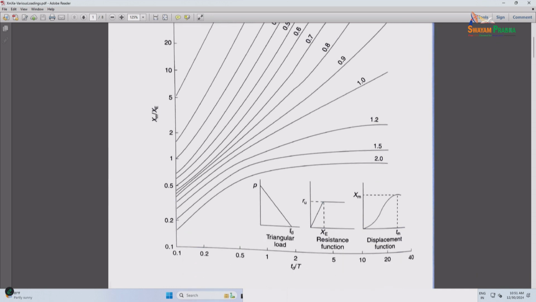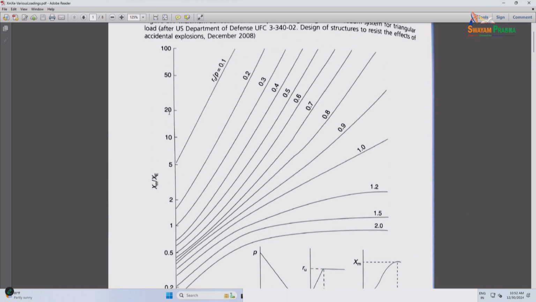So this is XM by XE. What you see here is a triangular load. You see the resistance function, which is Ru and Xe. Using the stiffness that we calculated, you can find X sub E, and the displacement function looks something like this. So Td by Tn, Xm by Xe, the same thing I showed you just now, 0.1 through 2.0.